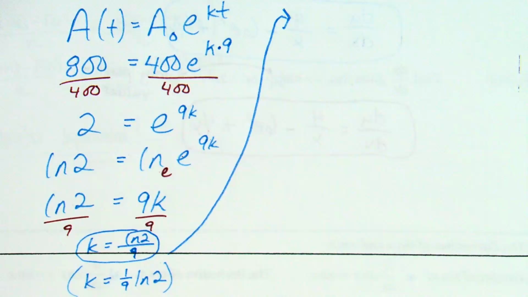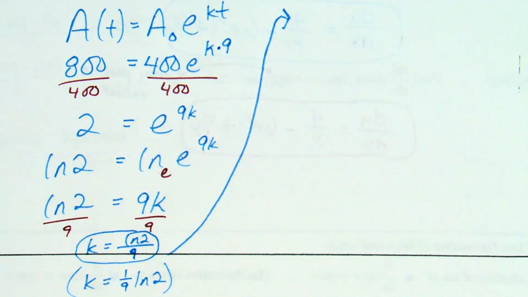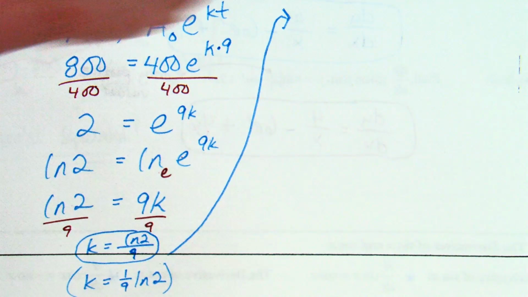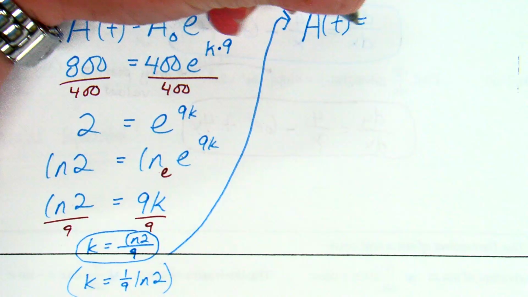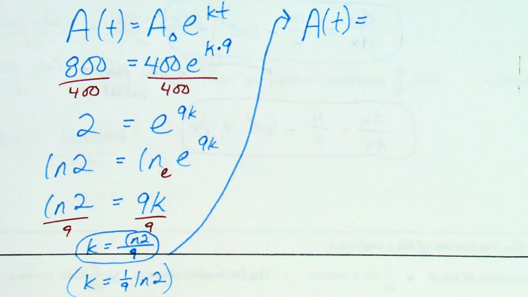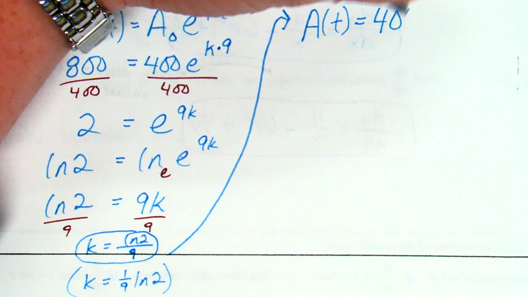Okay, my job was to write an equation. Do I have the knowledge to write an equation now? Yeah, okay. When I'm writing this equation, A of T is just going to be A of T, because that 800 was specific to time 9, right? So I'm not writing the equation for a specific time, I'm just writing a general equation. So A of T, A naught, that's always going to be 400, right? That's your initial amount. That's not going to change. And then it's E to the KT.